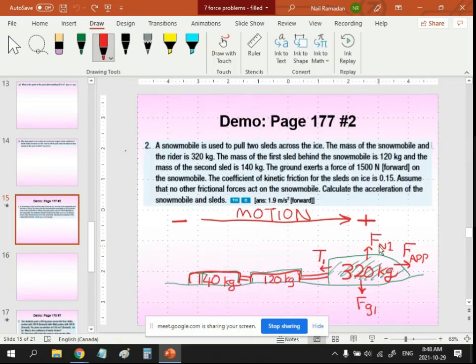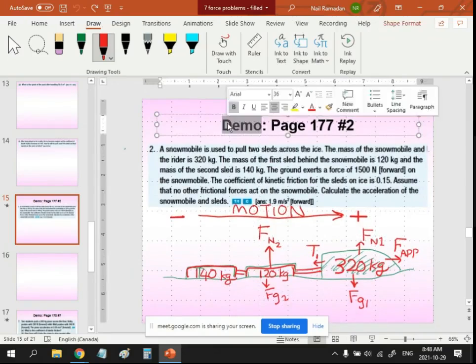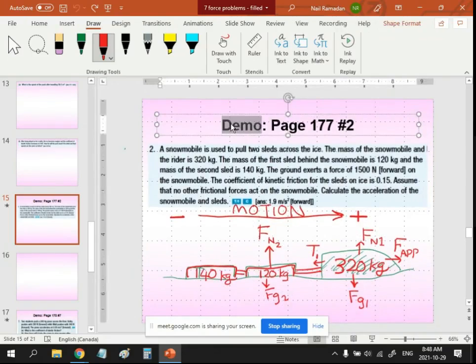Okay, let's go to the first sled. What forces are on the first sled? Gravity, so we're going to call that FG2, which means there's a normal force 2. What pulls it forward? Tension, which is also T1, but on the other side.